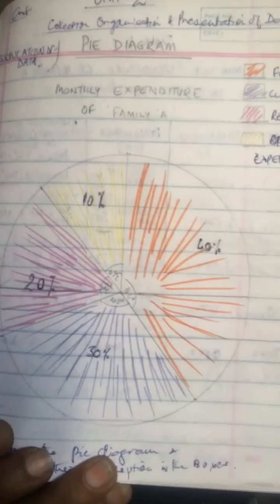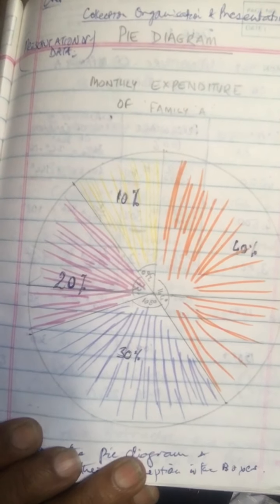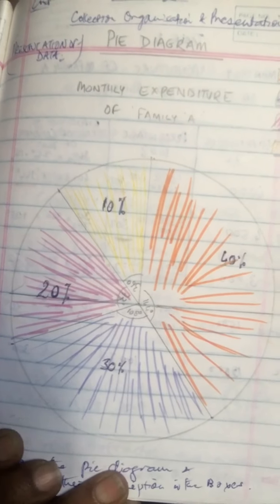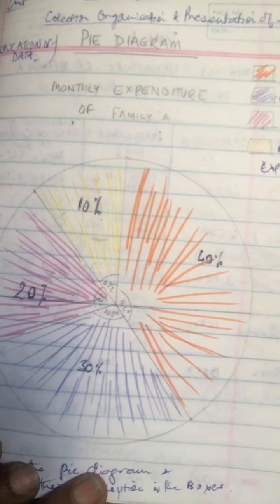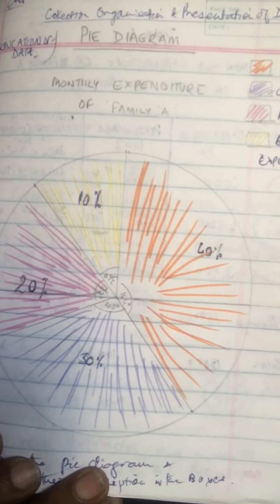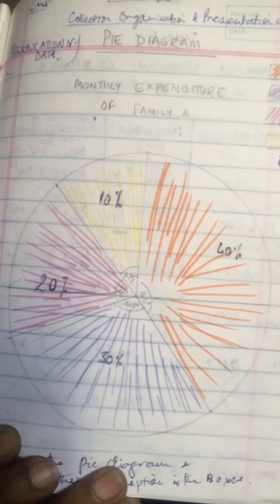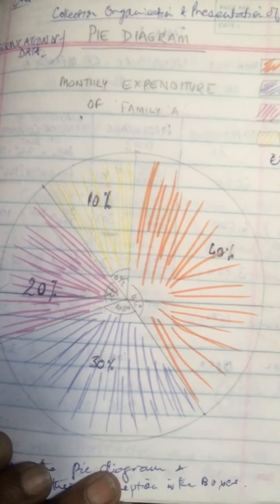Okay, so we place it on the horizontal line, and that's how we start measuring. So the new line is drawn at the center to form this angle, and will touch the circumference. The sector so obtained will represent the proportion of the first component.